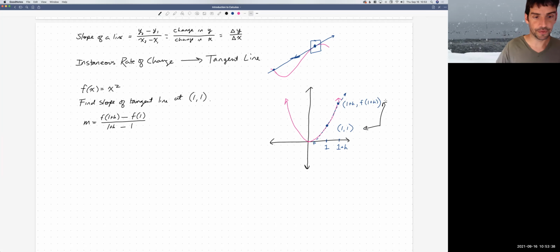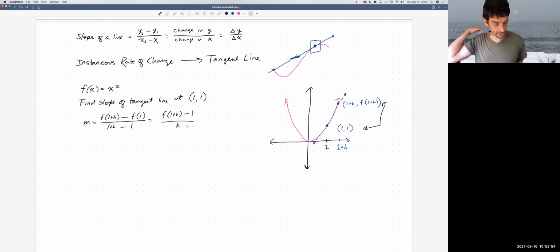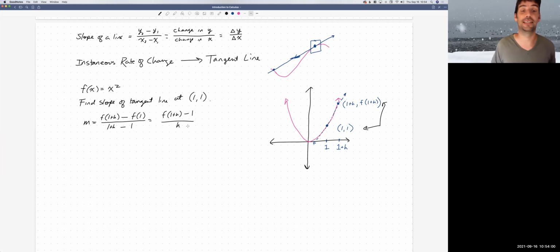That's all I'm doing here, right? And we know a little bit here, 1 plus h, we could put that into x squared. I'm not worried about that right now. f of 1 we know is 1. If we look at our denominator, we've got a positive 1 and a negative 1. All that's left is that h, right? This gives us the slope of this approximating secant line, approximating the tangent line.